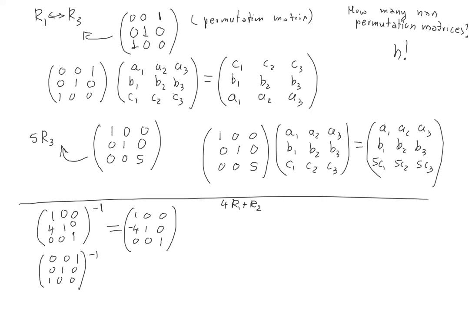So we said that this is undone by -4 R1 plus row 2, which justifies why this will be the inverse. Row 1 swapped with row 3 is undone by what?